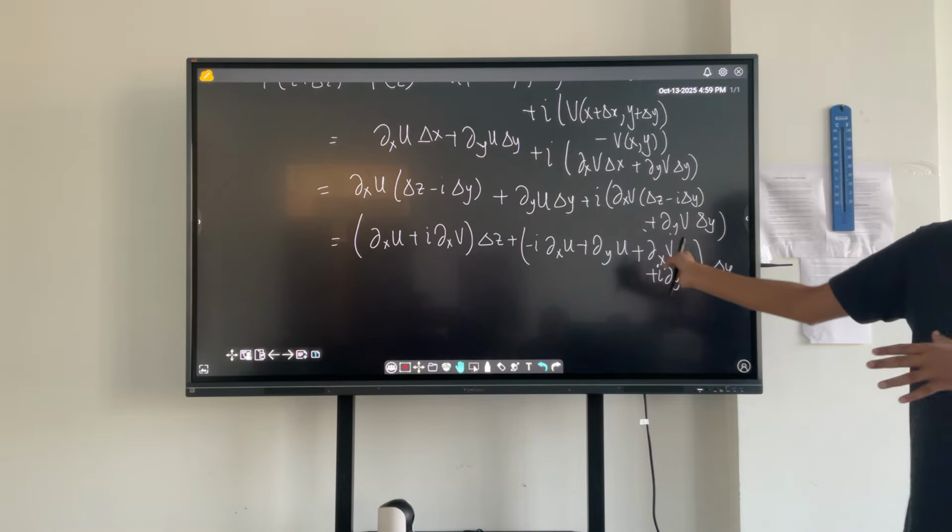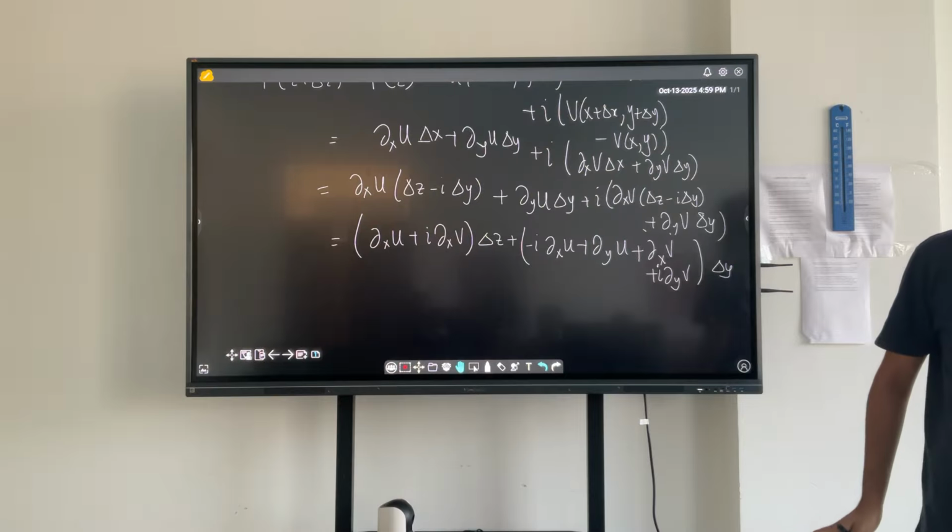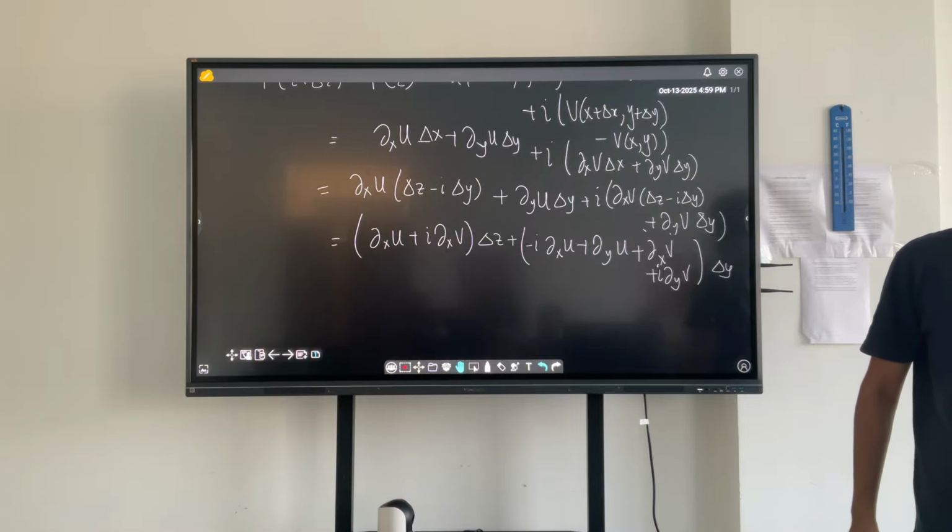So its derivative in general would depend on which direction you are talking about. The way this f of z changes would in general depend on the direction. But there is one case where that is no longer true.